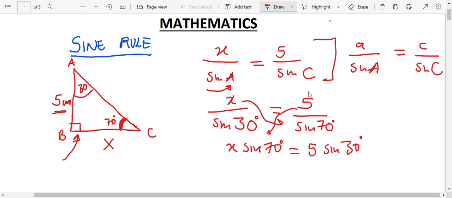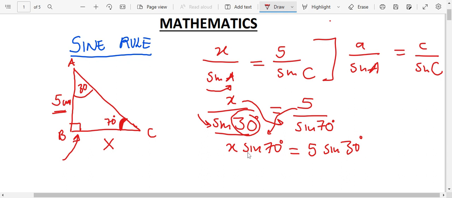Please, if you multiply this 5 and the sin 30, never multiply 5 with the angle. This 5 is supposed to come in front here. That is why I've put it in front here, 5 sin 30. Is that okay? Yes, it's okay. All right, good. So you have to put it over sine 70.